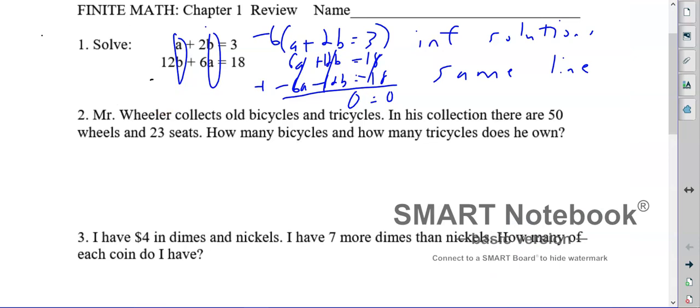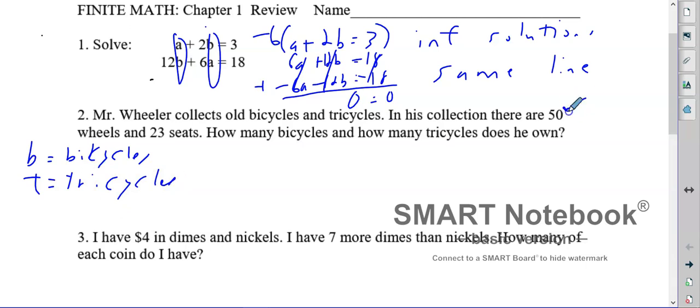All right, number 2. Mr. Wheeler collects old bicycles and tricycles. So I want to use B for bicycles and T for tricycles. In his collection, there are 50 wheels.